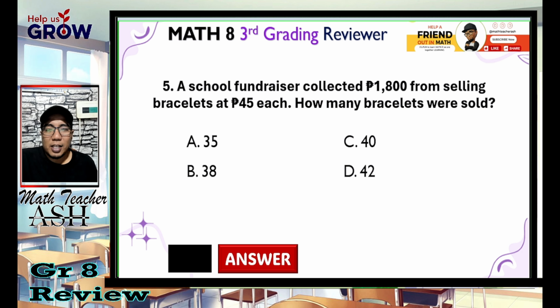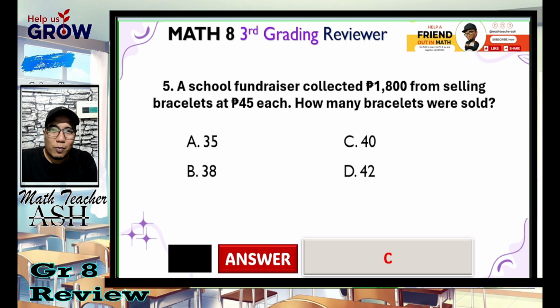Letter C. Let's check whether we are correct. Alright, my dear math learners. Of course, if we wanted to check your answer, you just multiply 40 times 45 and the answer would be 1,800.